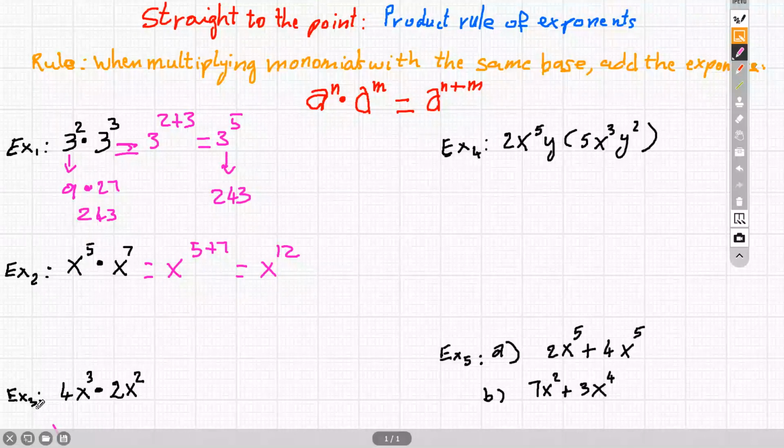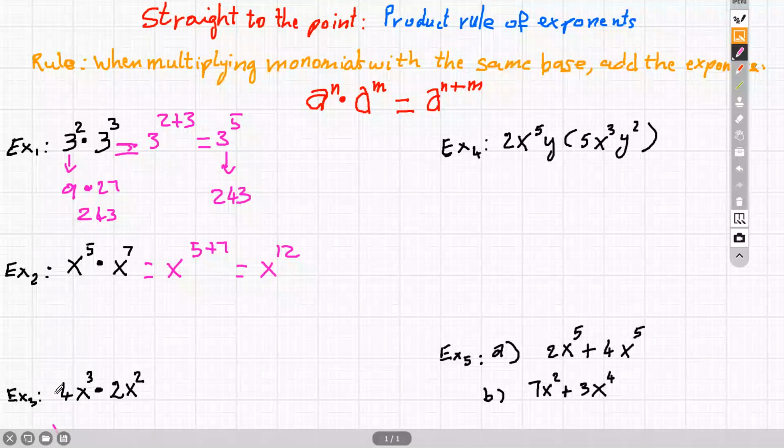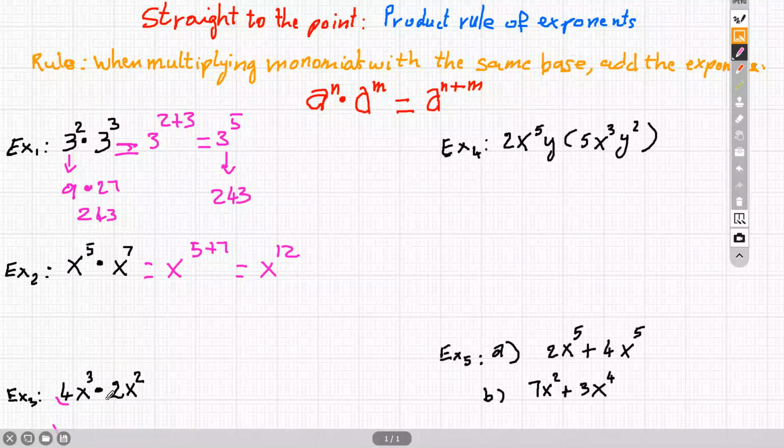So example number 3, right? You have 4x cubed times 2x squared. Now notice right here you have numbers mixed in. So what you are going to do is first take care of multiplying those numbers.